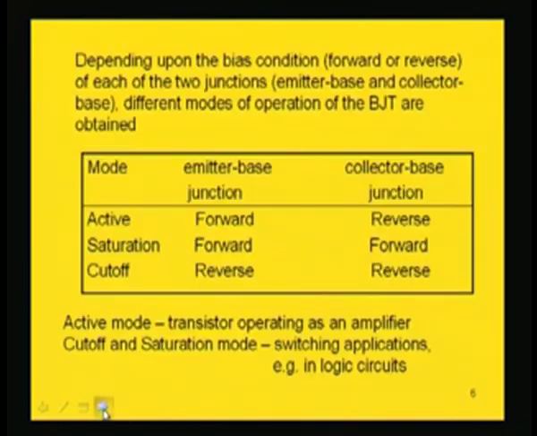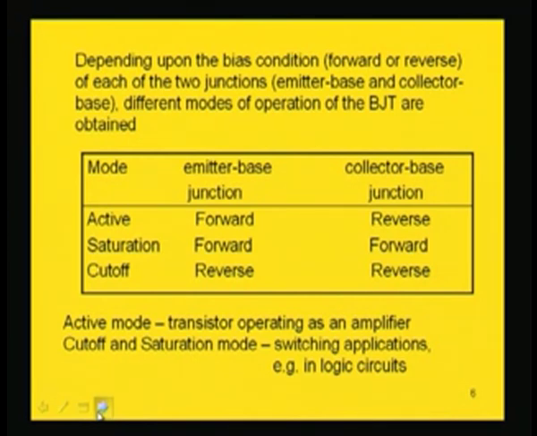Now, depending upon the biasing condition of forward or reverse for each of the two junctions, the transistor has different modes of operation. So, we basically get 3 operation modes. One is the active mode of operation, which is generally the mode where we use the transistor as an amplifier.